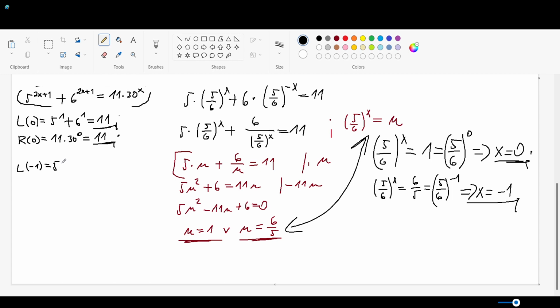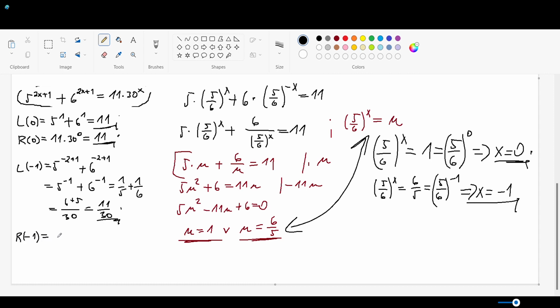It would mean that this is 5 to the power of -2 plus 1, plus 6 to the power of -2 plus 1, which is 5 to the power of -1 plus 6 to the power of -1, which is 1 over 5 plus 1 over 6. The common denominator is 30, and this is 6 plus 5, so it is 11 over 30. This is my left side value for x being -1.